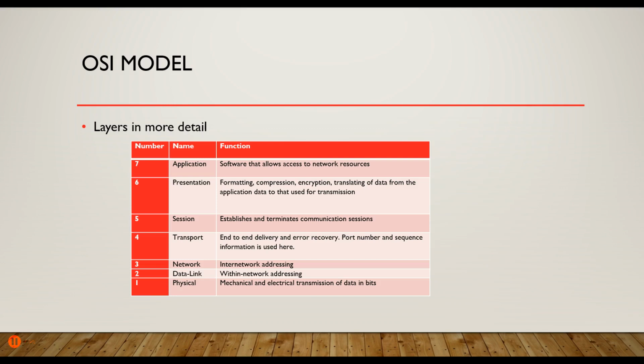So within-network addressing is taken care of by the data link layer. This moves the data to the router so that the network layer address can take over at the router. And then finally, the physical layer is the mechanical and electrical transmission itself. So that's the layers in a little bit of detail. Later on we'll go into a lot more detail about these layers and exactly what they do.